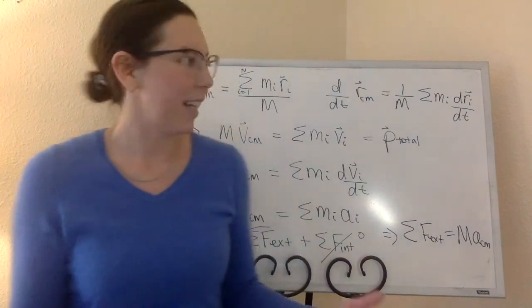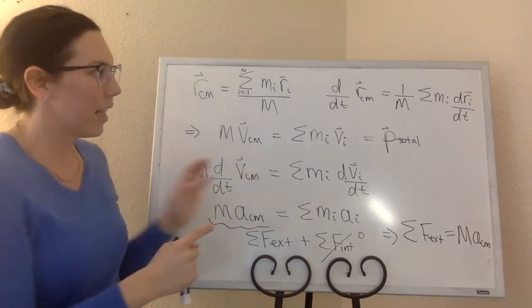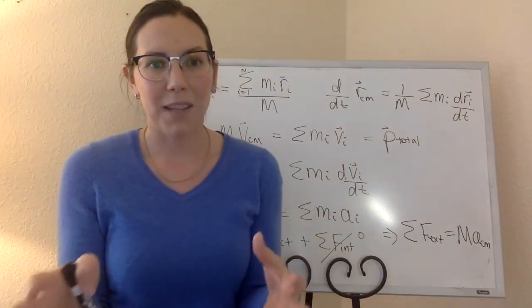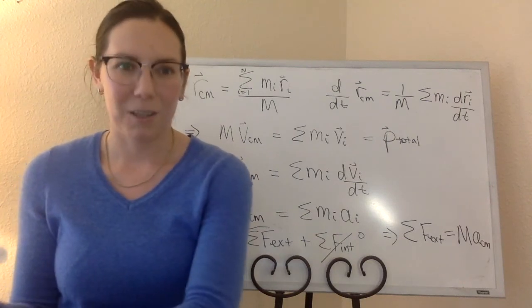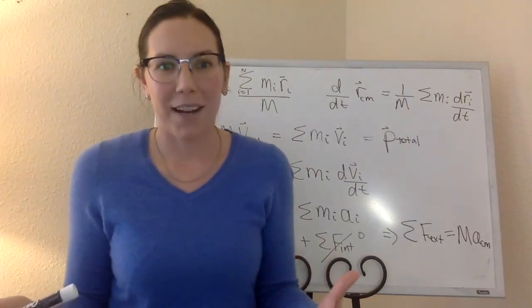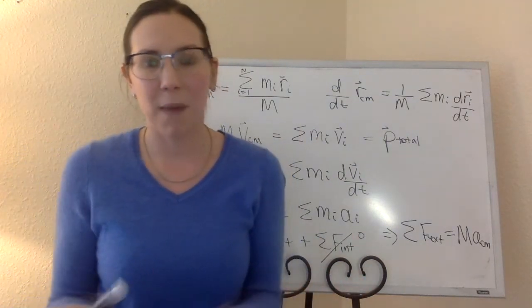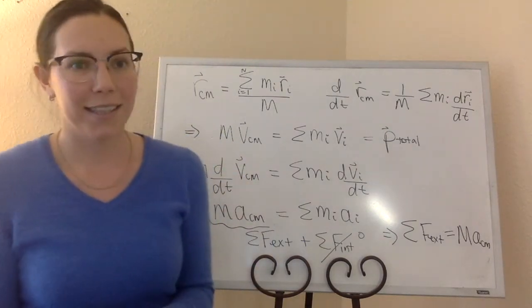So what we're seeing here is that the momentum of the center of mass is equal to the sum of all the individual momentums of the individual mass constituents. So we get the total momentum. Alternatively, we're finding that the total momentum of a system can be found by using its total mass and the velocity of its center of mass.